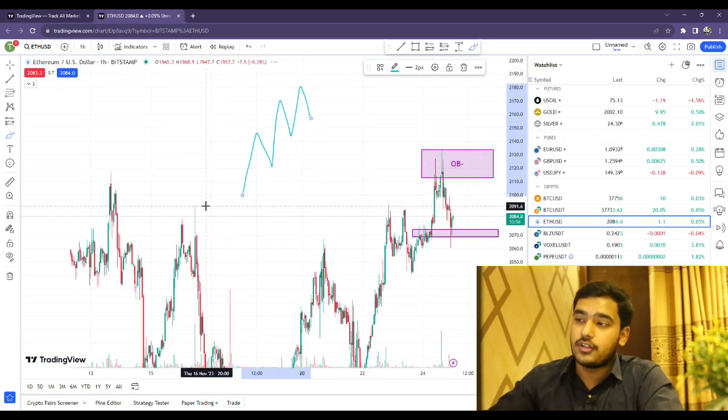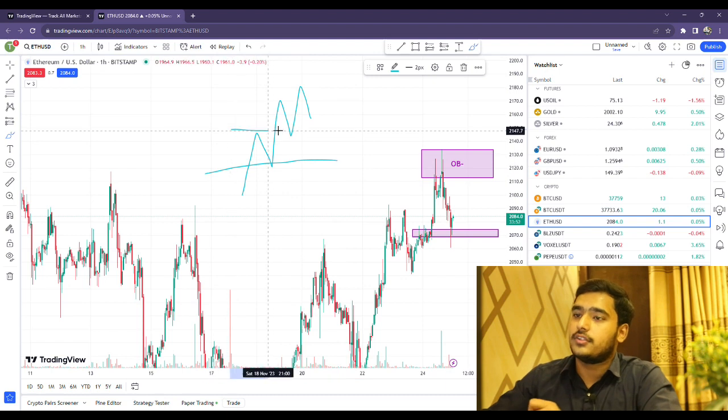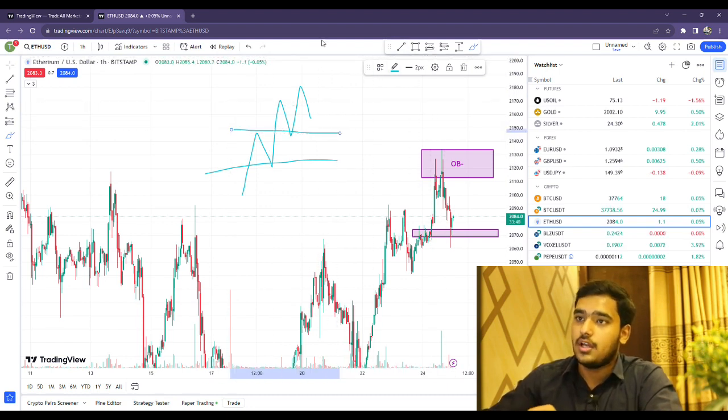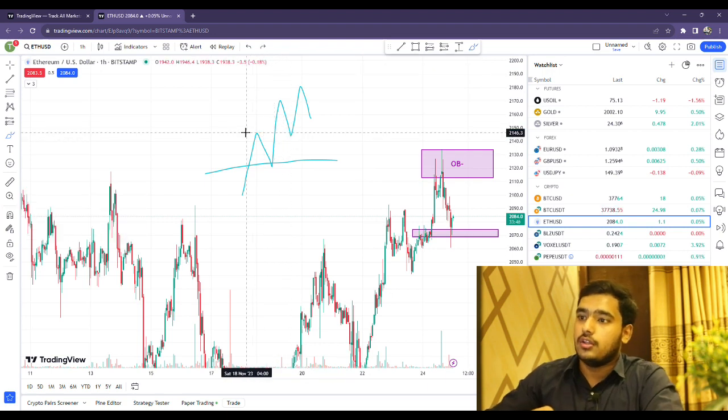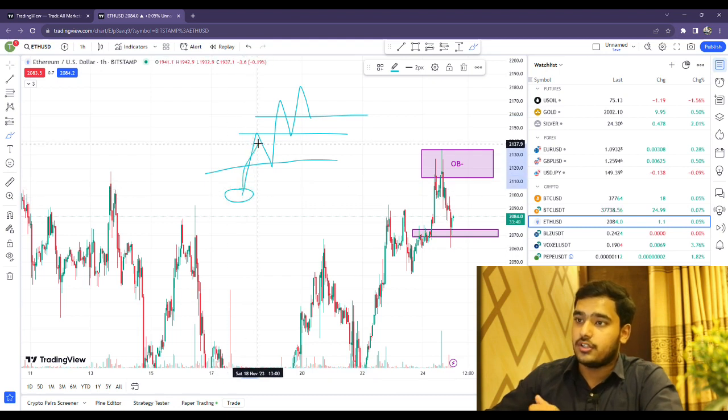So first of all, let's talk about market structure. Now there are two types of market structure we have. The first one is the bullish one, the second one is the bearish one. So let's talk about how the bullish structure looks like. I'm going to draw the bullish structure, then I'm going to show you on the chart. So this is how the bullish structure looks like.